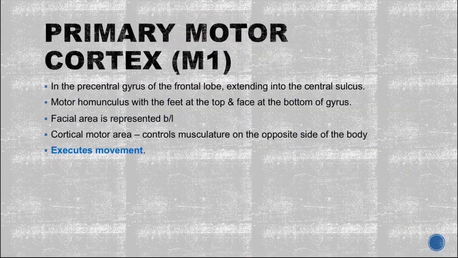That is for the primary motor area, and the primary motor area is also known as which Brodmann area? It is Brodmann area number 4. It is concerned with the execution of movement; it will initiate voluntary movement of the contralateral half of the body.